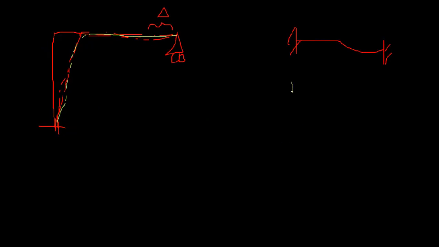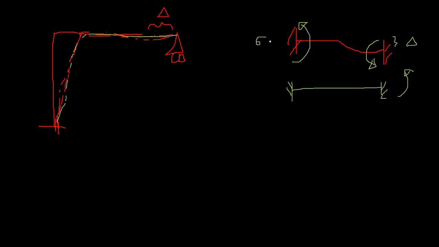Remember, if your support settled like this by a delta, there will be a fixed end moment. This has gone down, so it should go one way. It has gone up, so that means in the other way.